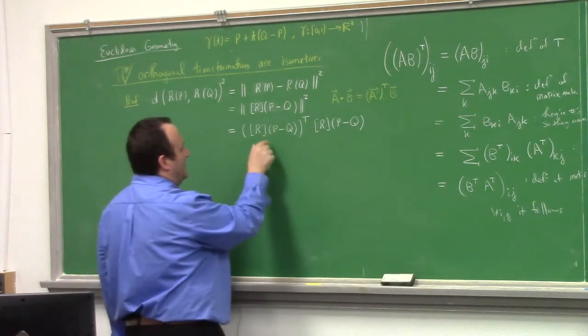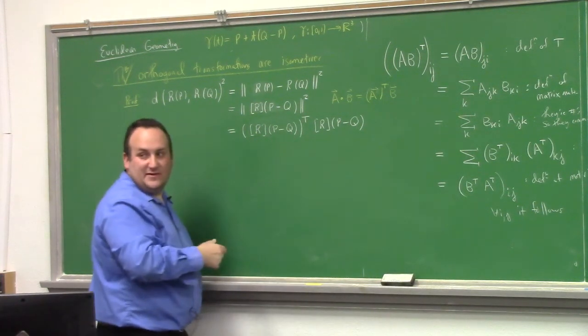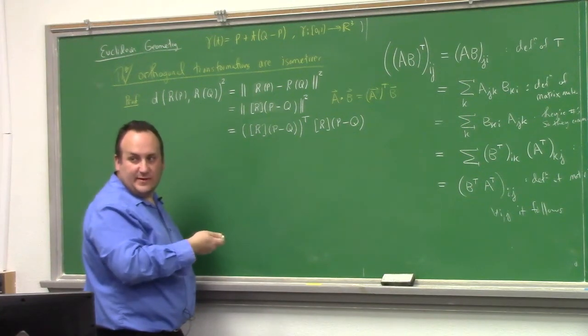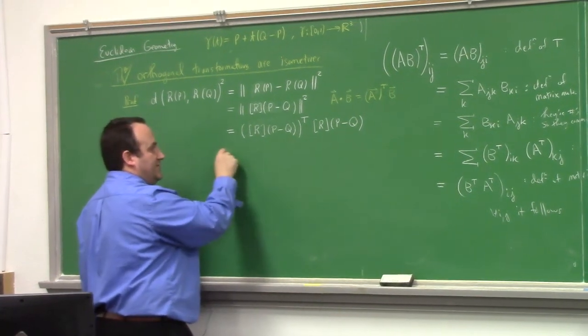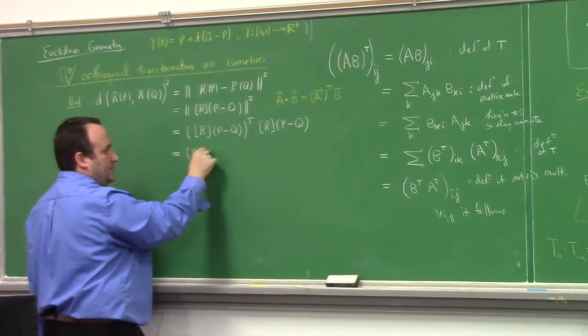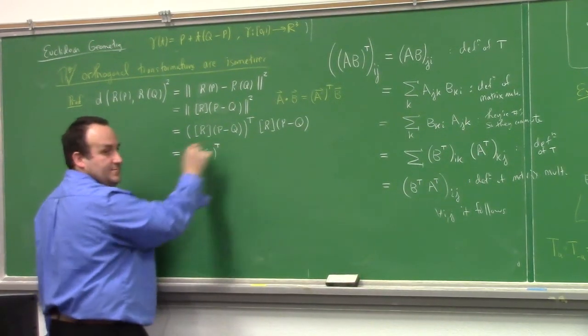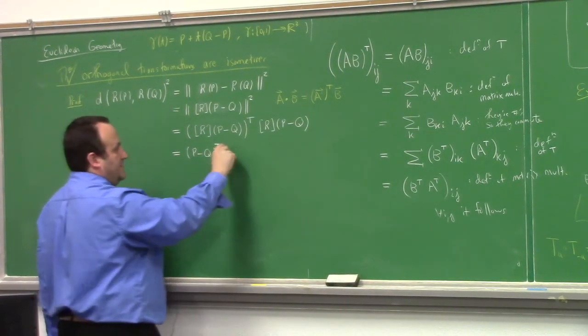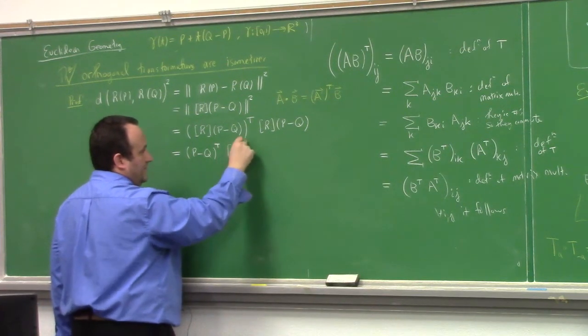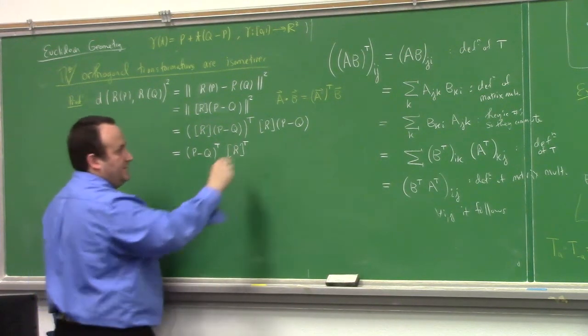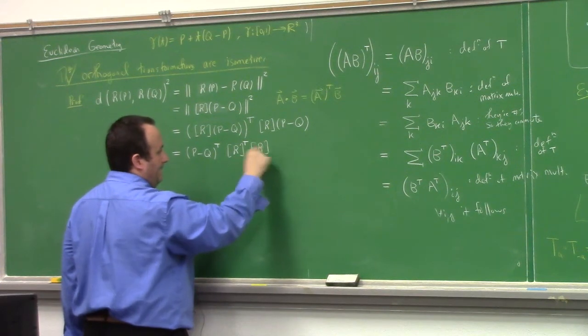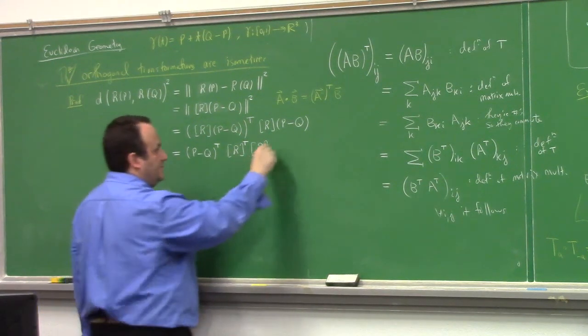So I've got the transpose of the product of two matrices. One of them is a column vector, but it's still a matrix. So when I take the transpose of that, I get P minus Q transpose times matrix of R transpose times the matrix of R times P minus Q.